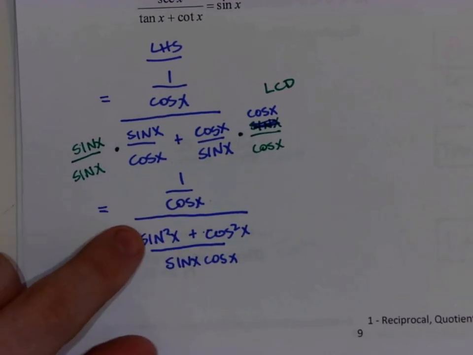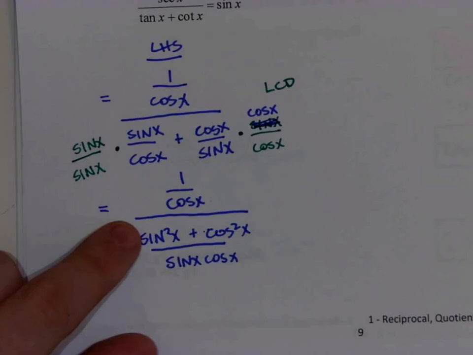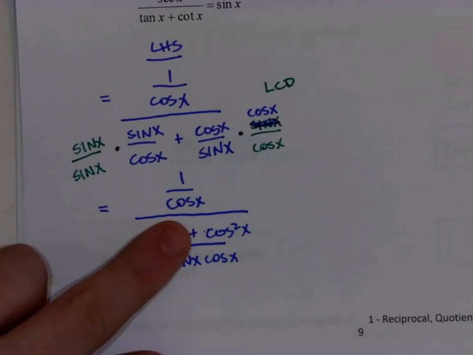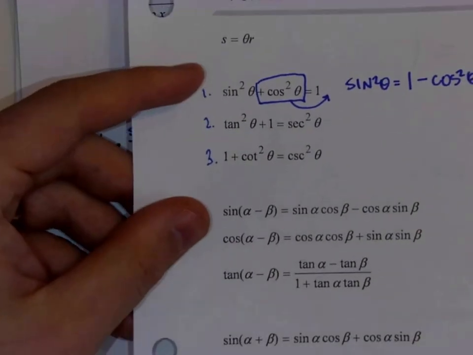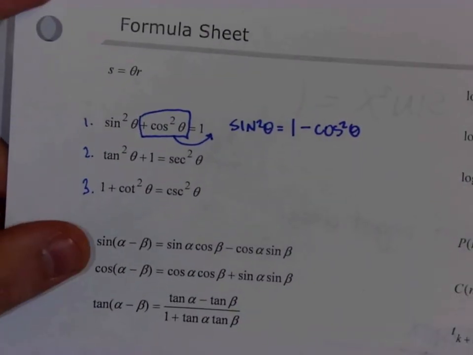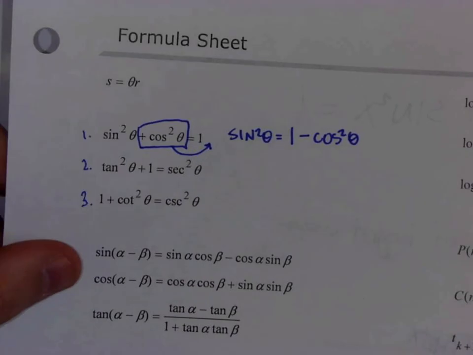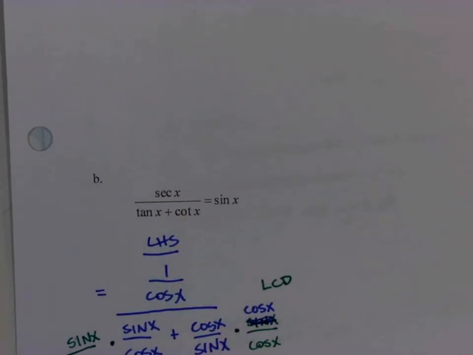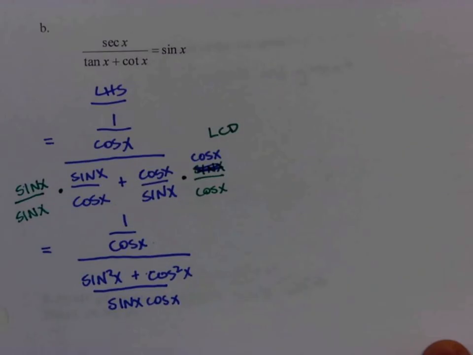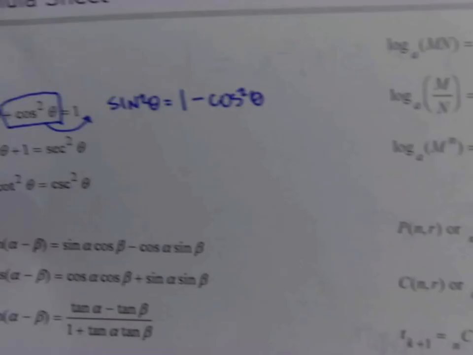What I do notice, though, is I see squareds for sine and cosine, and I also see a plus sign. Whenever I see squareds, I should think about my formula sheet. You'll notice that I did not start with the formula sheet, and that's because the original question did not have any squared values involved. Now that I've done some multiplying, I've got some squared values.